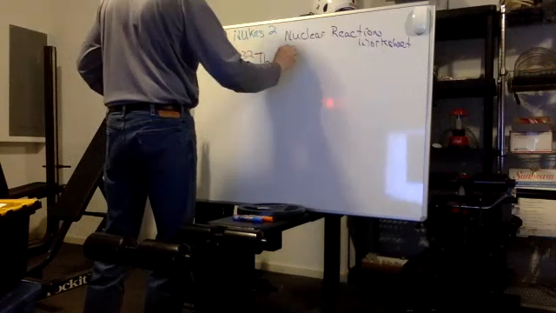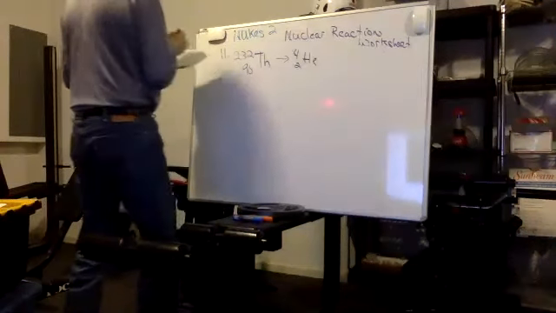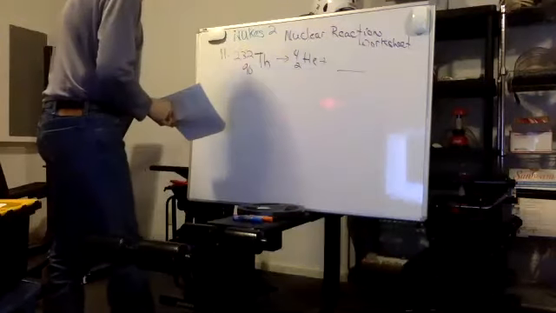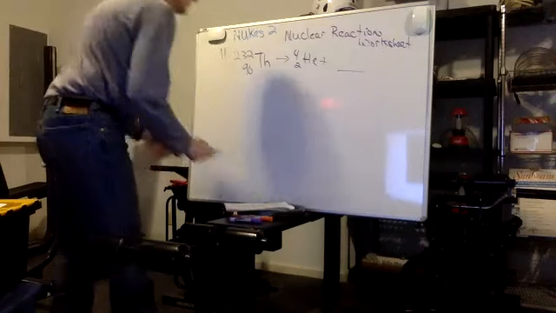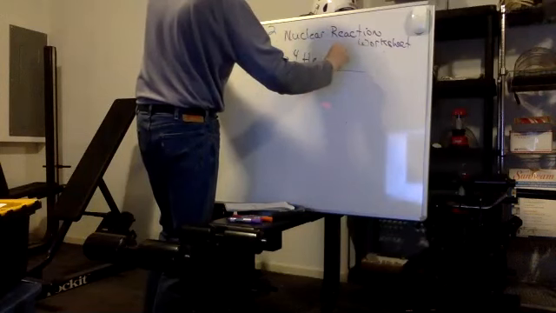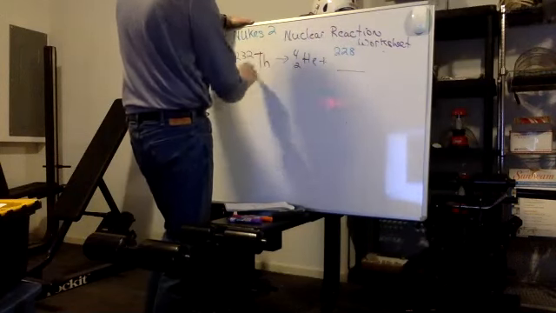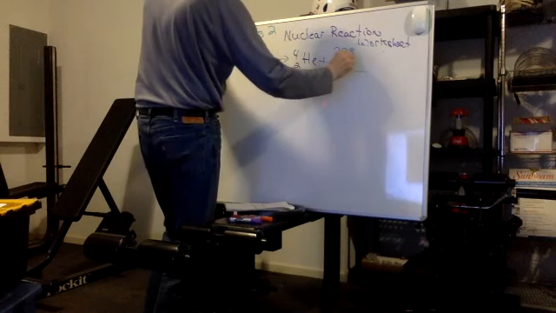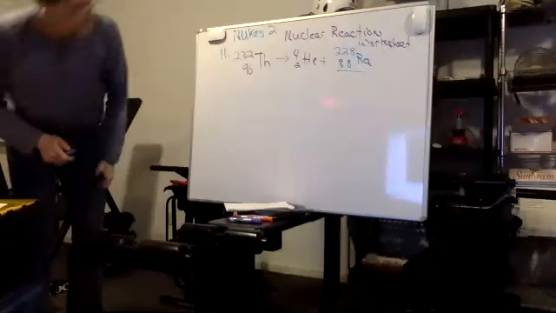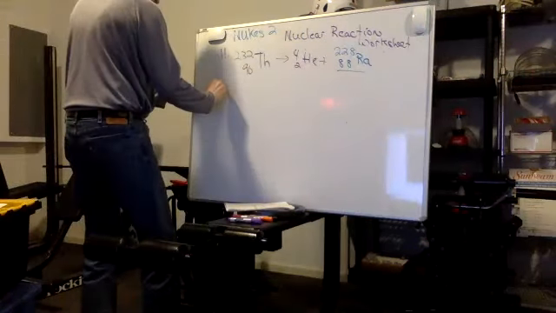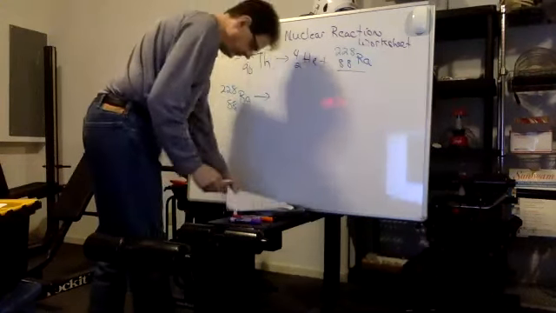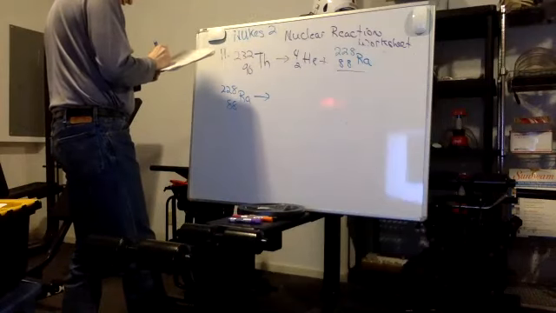Well, first up, you're going to undergo alpha, and that's the first one. So we're going to take 232 less 4, which is going to be 228, and 90 less 2 is going to be 88, and it's going to be radium. Yes. So I take the 228, 88 radium, and that undergoes, in the next step, a beta decay.